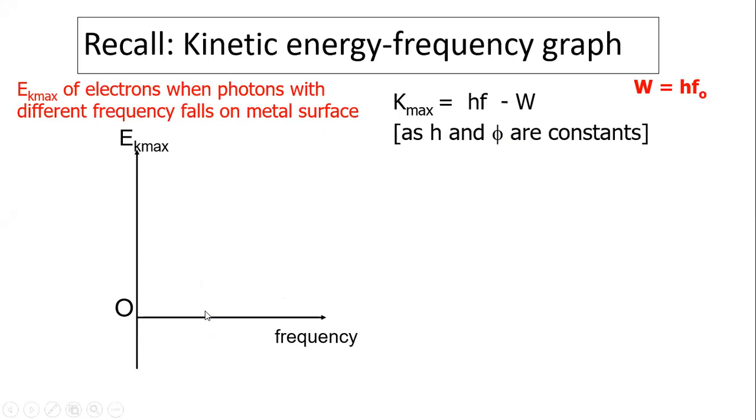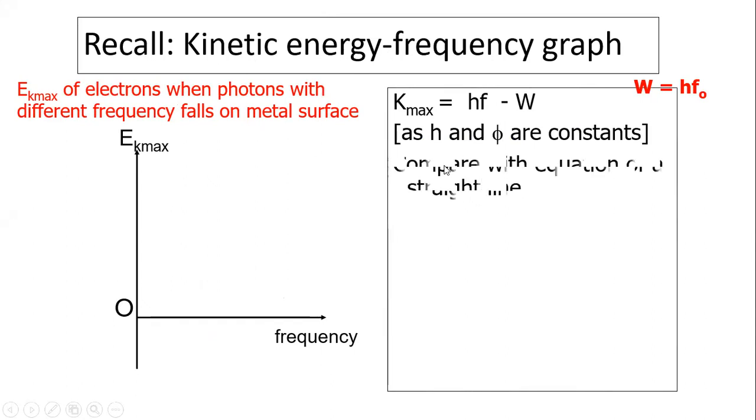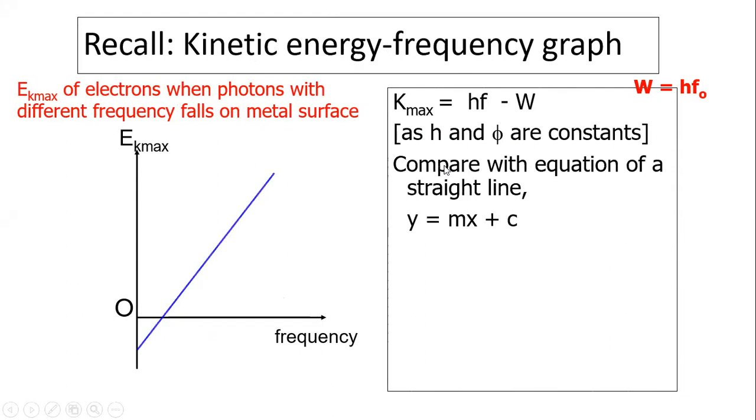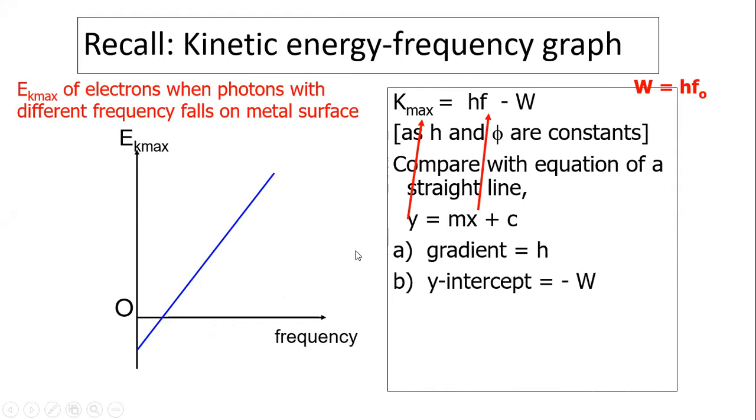Okay, I will just review what we learned yesterday. Maximum kinetic energy. That's the equation, Einstein's photoelectric equation. We say that it's a straight line with a y-intercept. The gradient is h, Planck's constant.